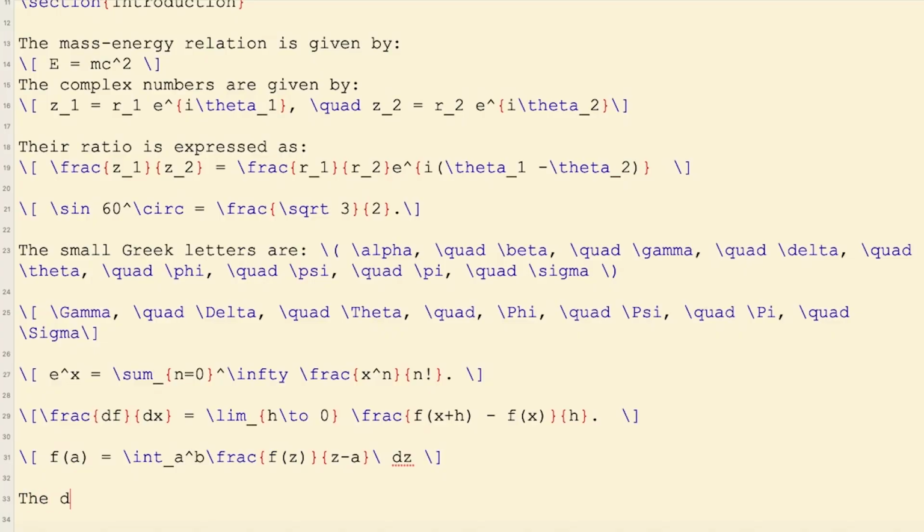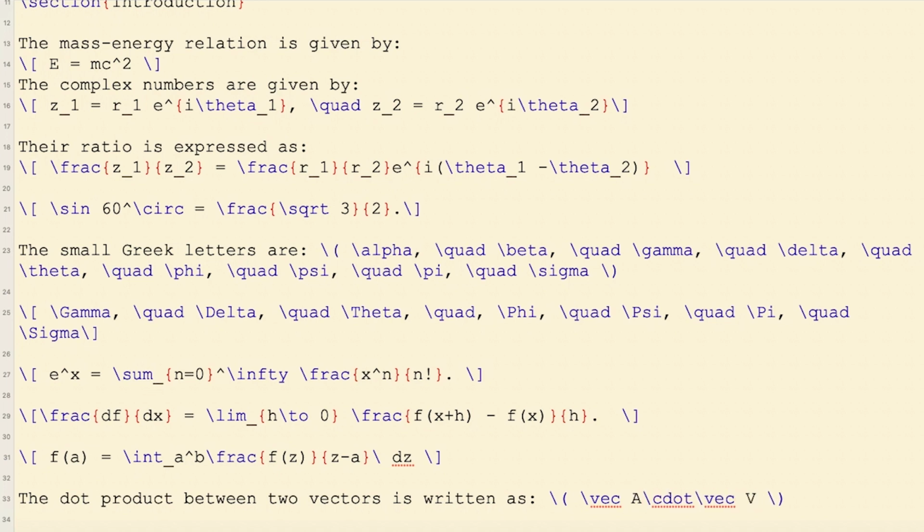The dot product between two vectors is written as \vec{a} \cdot \vec{b}, or I can use \mathbf{a} \cdot \mathbf{b}, as shown in the output.